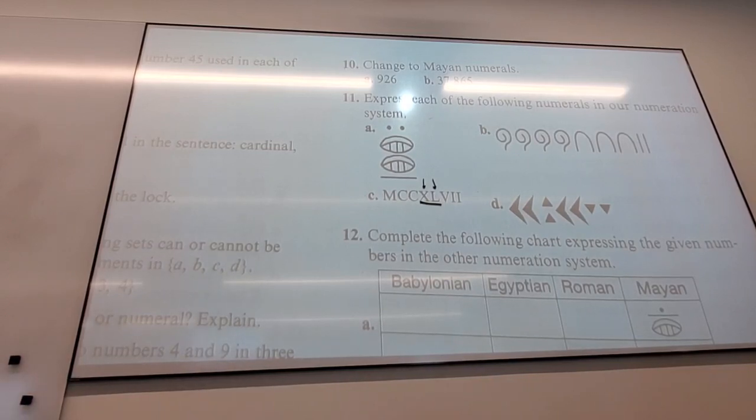Alright, 2 blocks, 5 flats, 6 of those. Alright, cool. Should be a decent amount.